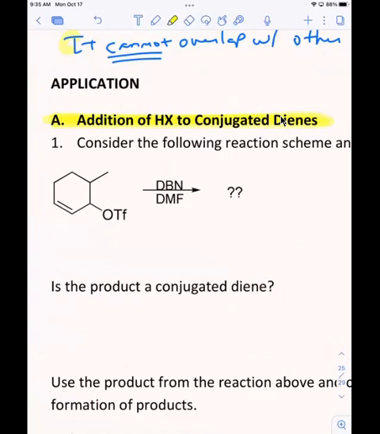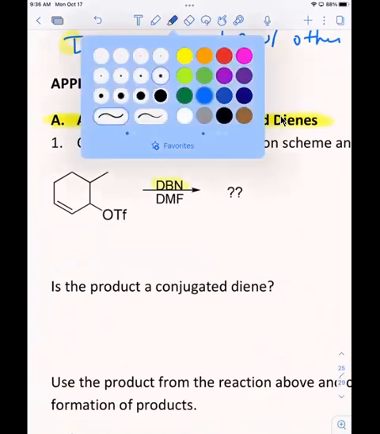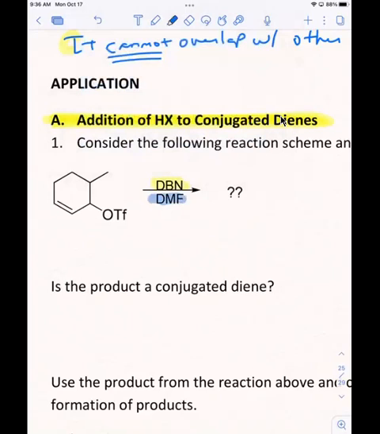All right, let's look at that. What is DBN? Based on what we learned in the last section, tell me what DBN is and what DMF is. Anybody? In the last section, we looked at both of these.